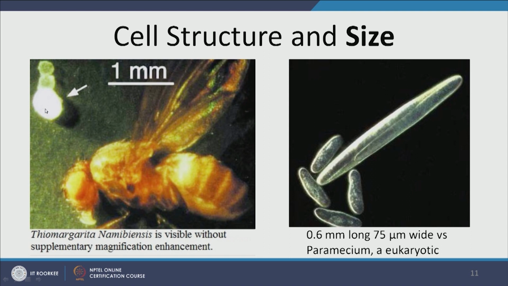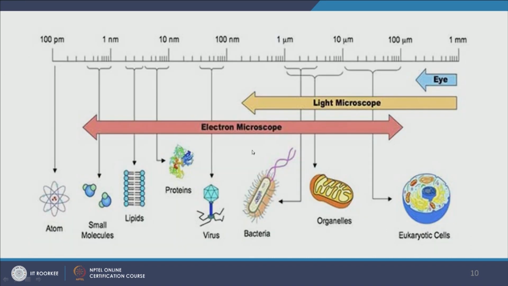So it is one of the largest prokaryotes that we have. Here we can notice that bacteria, which are prokaryotic cells, are much smaller than eukaryotic cells. A prokaryote would be around less than or equal to 1 micrometer. A eukaryotic cell would be greater than 100 micrometers. So a eukaryotic cell is 100 times bigger than a bacterium in general.